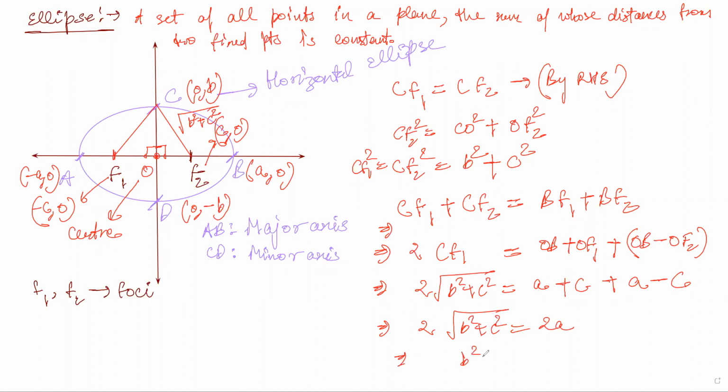Hence, B square plus C square is equal to A square, in case of horizontal ellipse.